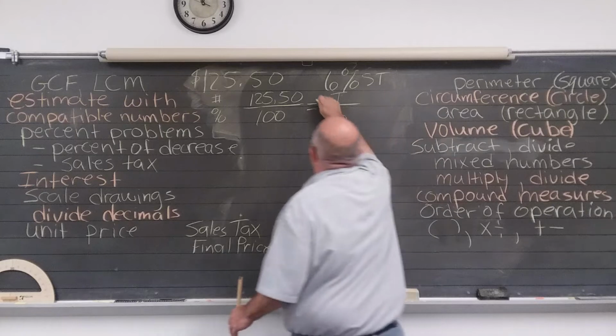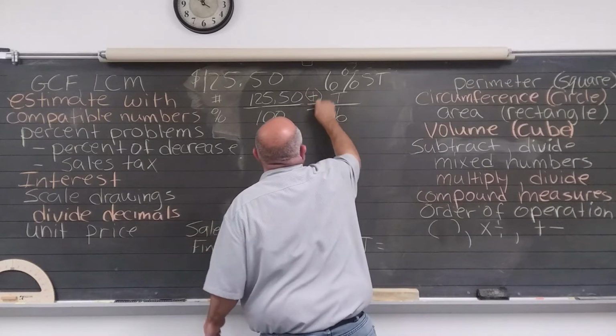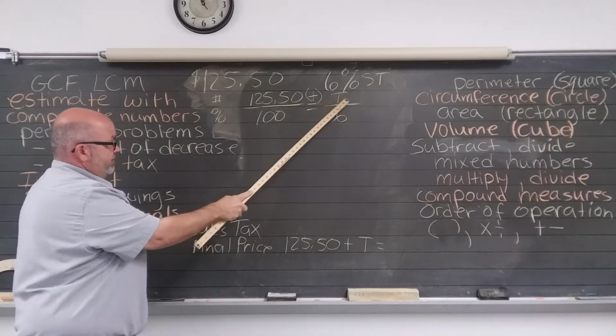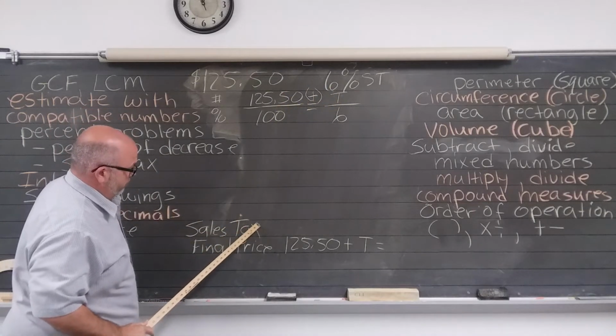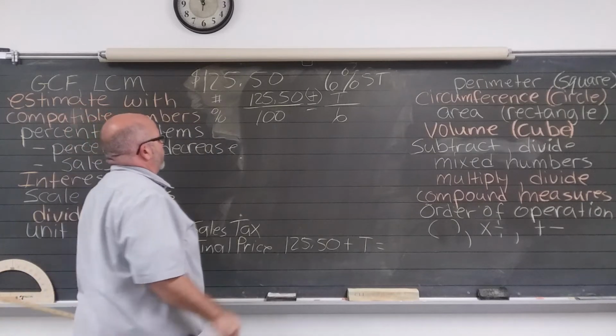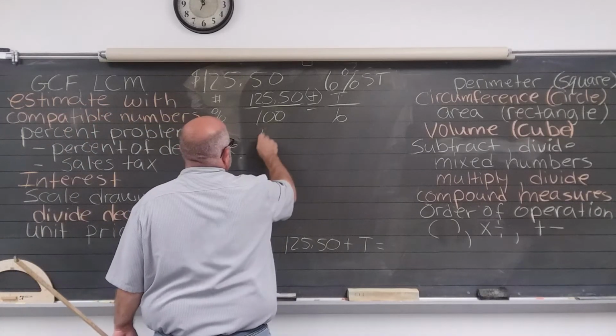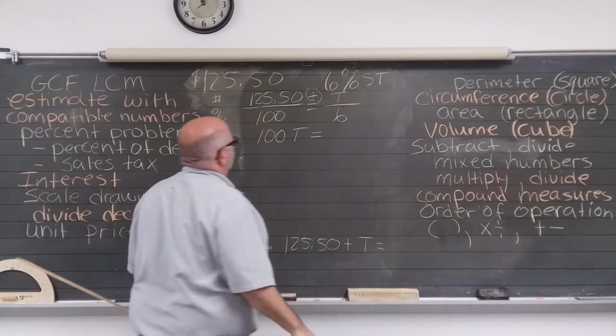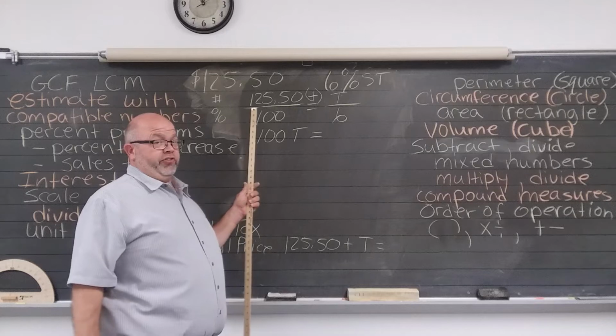And you're going to add these two to get your final answer then. The tax, I need the tax down here, so we're going to put two answers in here then, all right? So we have 100T equals, what?